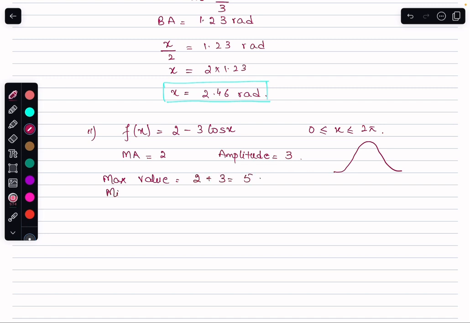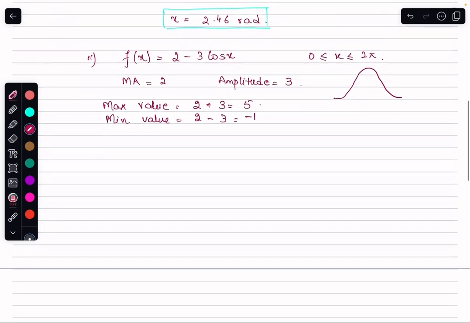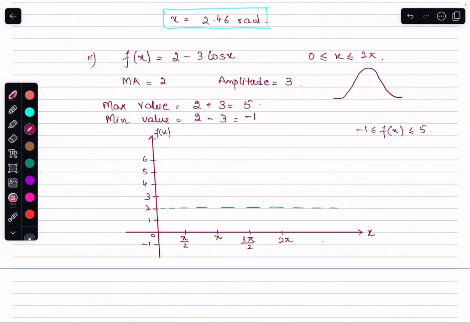And the minimum value here is going to be mid-axis value 2 minus 3, which shall give me a negative 1. So if I just quickly sketch the graph for 0 to 2 pi, I know the mid-axis is 2, the amplitude is 3, the maximum value is 5, and the minimum value is going to be negative 1.